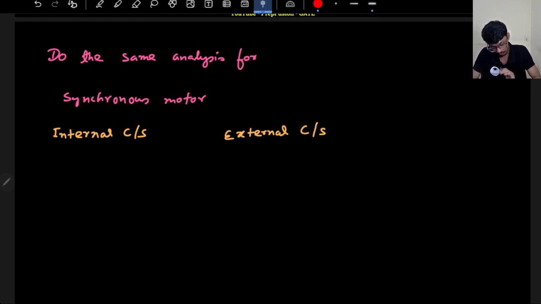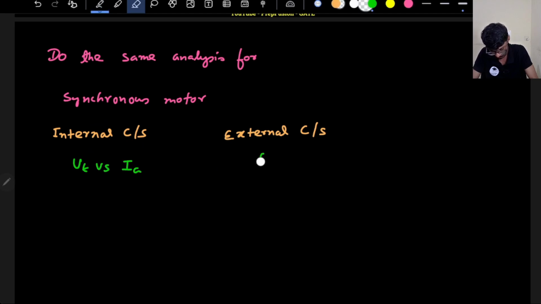So I hope you have understood. This one you will plot with Vt versus IA, and this one with EF versus I. And you will just see that it is just opposite.